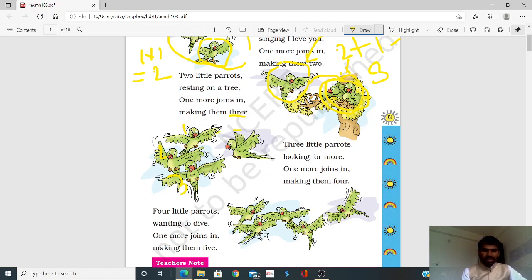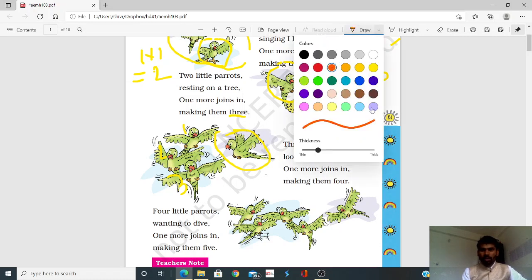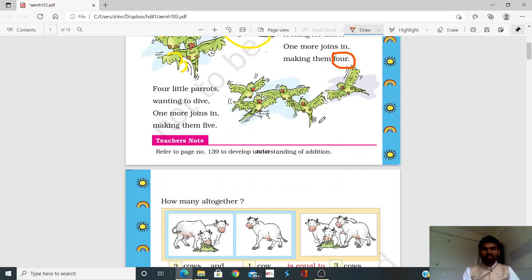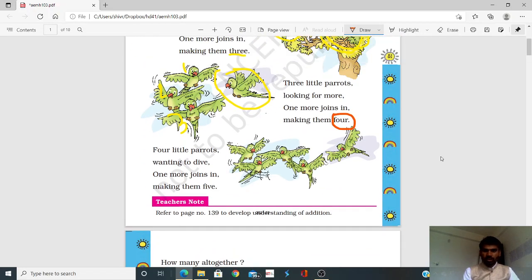Here you can see one more parrot joins in, making them four. Three parrots plus one is equal to how many? 4, right? 3 plus 1 is equal to 4.